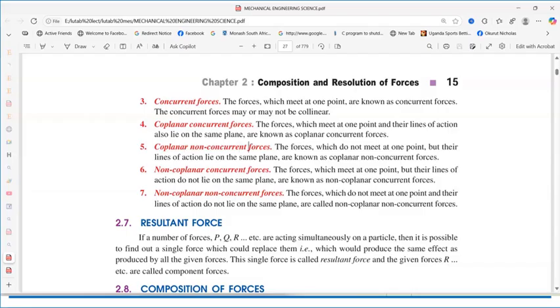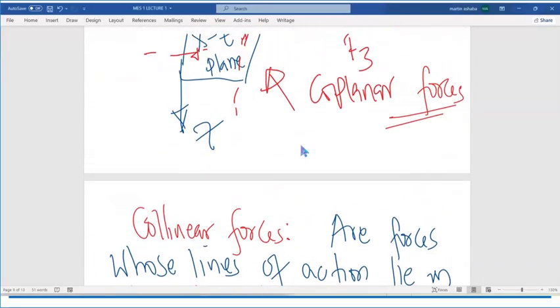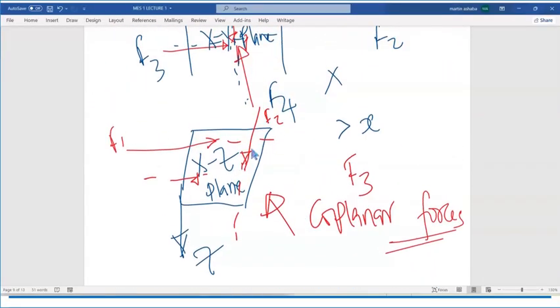For example, these ones here, F1, F2, F3, these are coplanar, but they are non-collinear. And they are also non-concurrent.